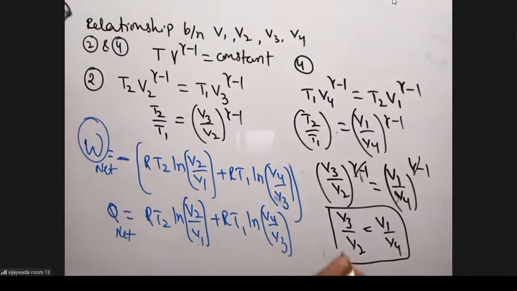This is the relationship between V1, V2, V3, V4. Complete this. Is it correct? T1 is correct.